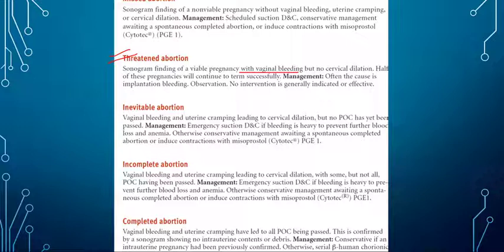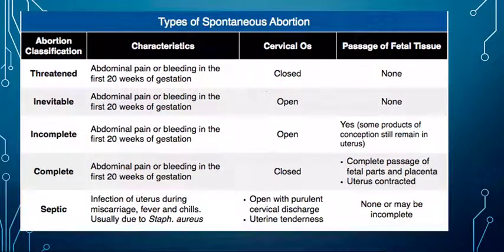Then you have to do a vaginal examination. If you see that the os is closed, that's most likely what we call a threatened miscarriage. And the patient will also say that they haven't noticed any passage of clots or abnormal tissue with the blood.